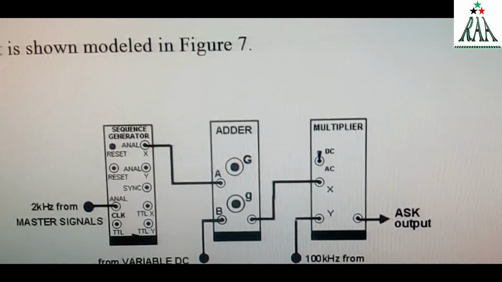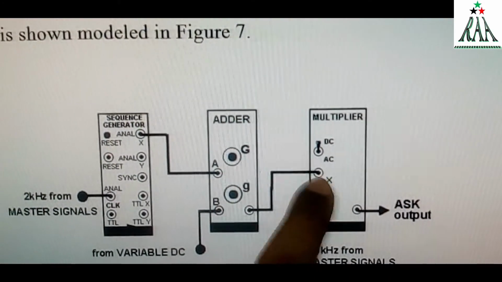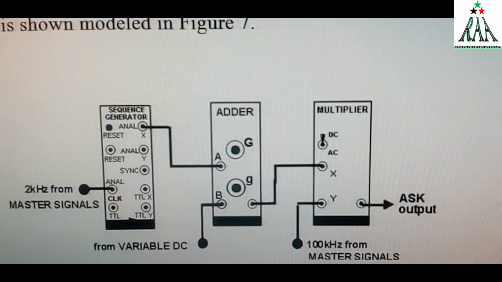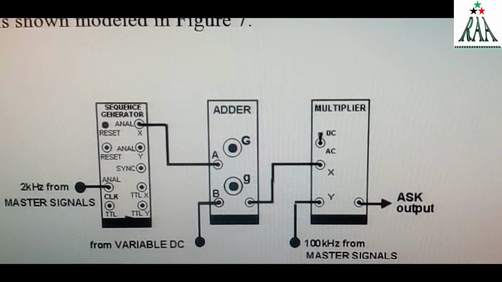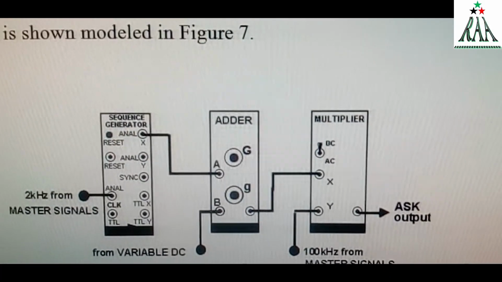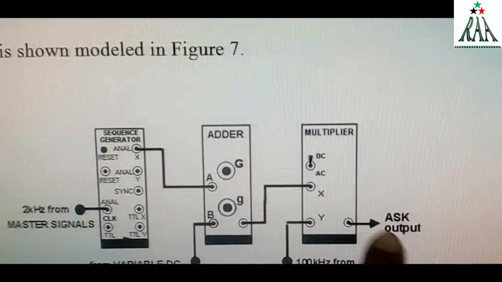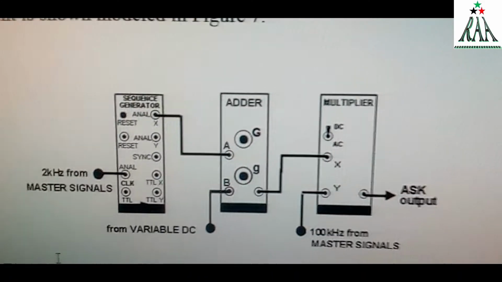The output of the adder will be input to the multiplier, and the second input of the multiplier will be the 100 kHz analog signal from the master signal. The output of the multiplier will generate ASK.